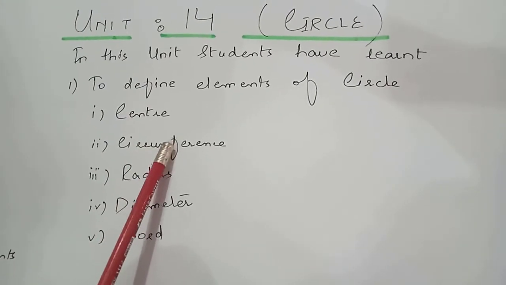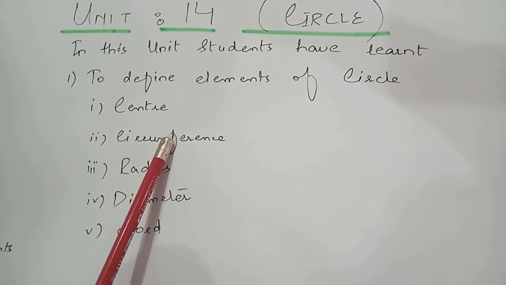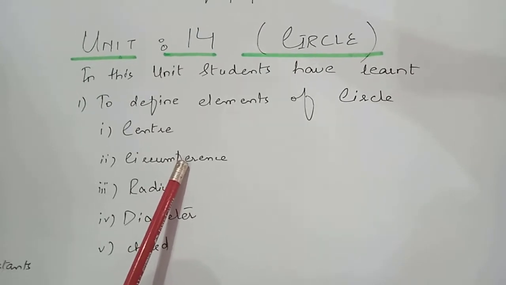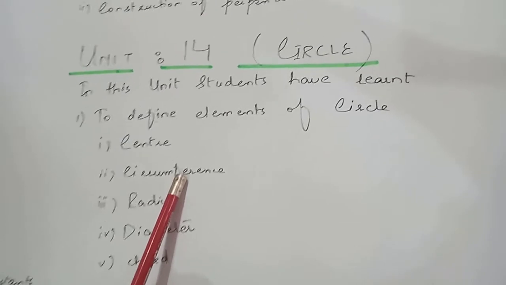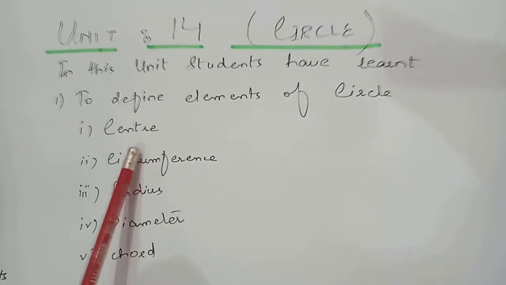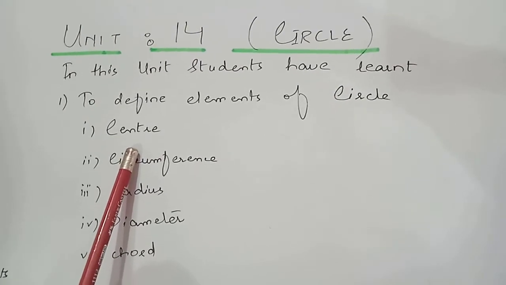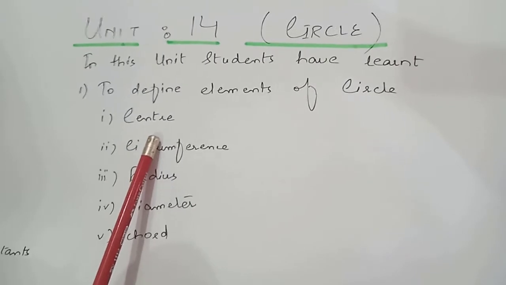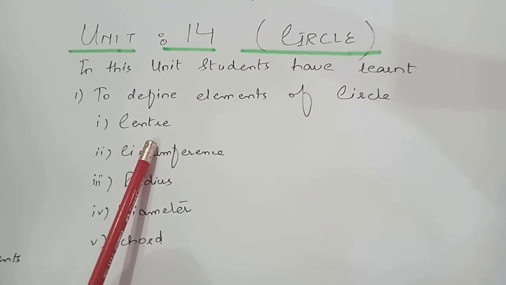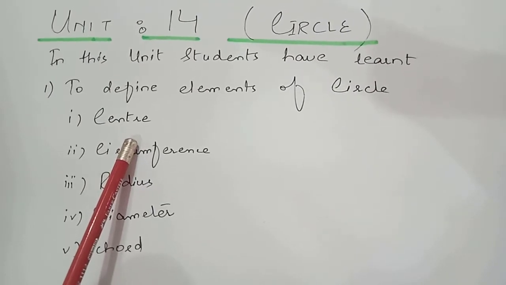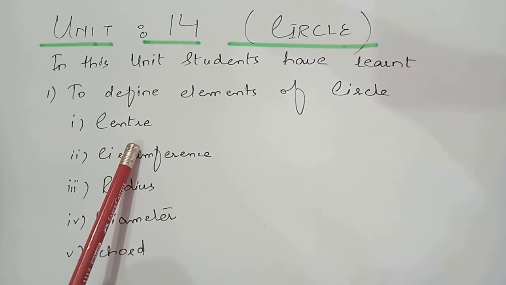A circle is a plane figure consisting of points that lie at the same distance from its center. The center of a circle is the fixed point on the plane from which the distance of the moving point is always constant.